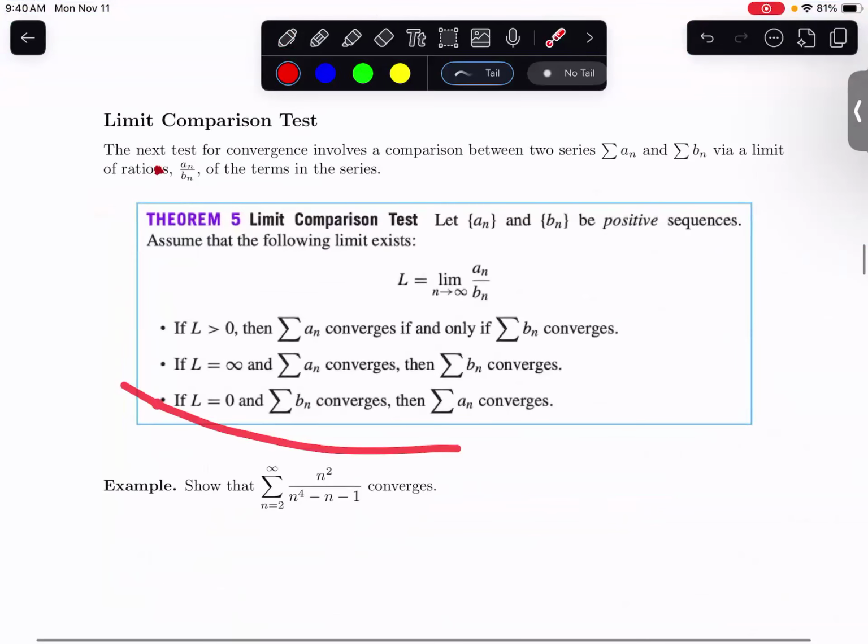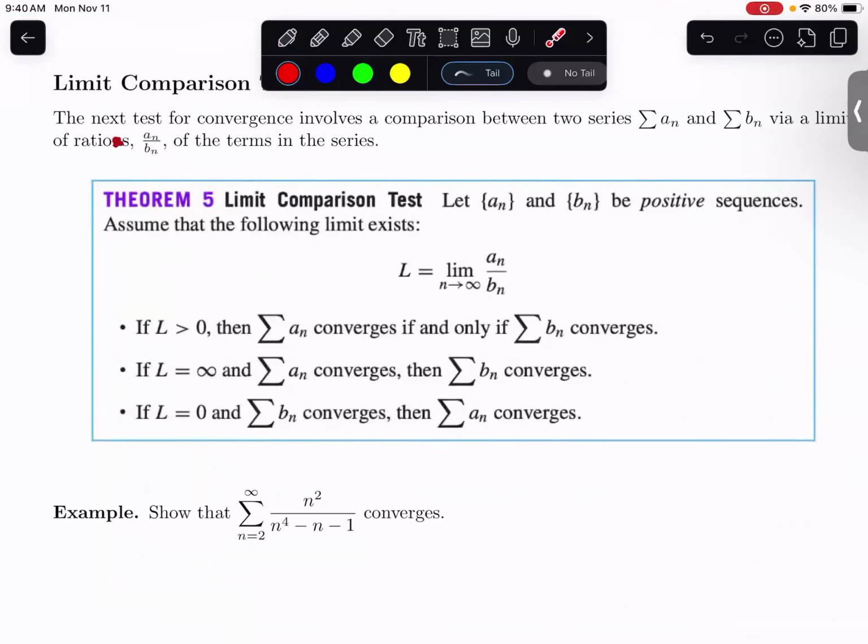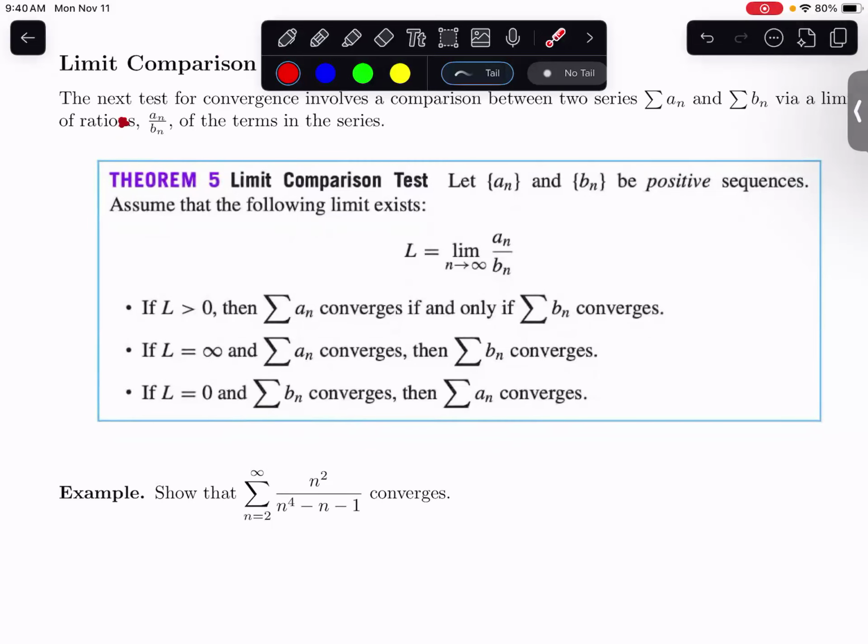So we have L. We're always going to define L to be the ratio of the two sequences, the limit as n goes to infinity of a sub n over b sub n. And there's three different scenarios that can happen, and they determine whether or not your series is going to converge. If L is greater than 0, then the series of a sub n converges if and only if the series of b sub n converges.